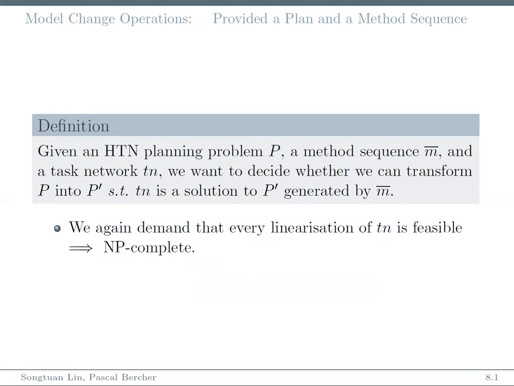So to filter out this hardness source, we consider another scenario in which we are given not only a task network, but a sequence of methods which is supposed to generate the task network in question. And we still want to decide whether we can change the planning model so that the task network can be a solution, which is NP-complete as well.